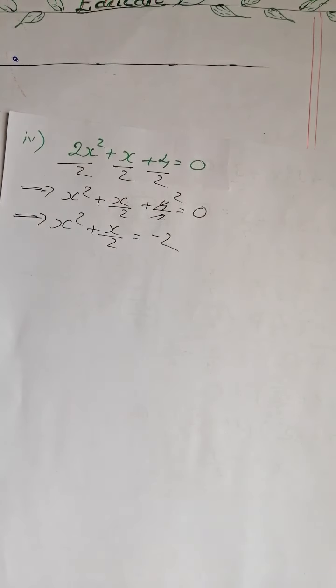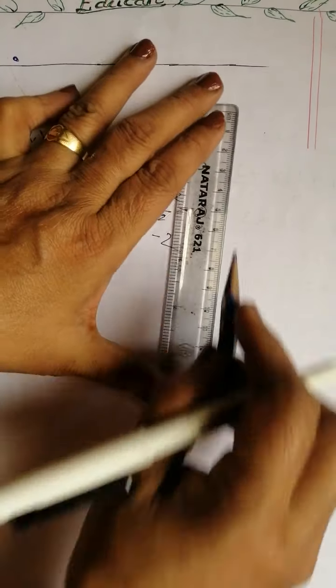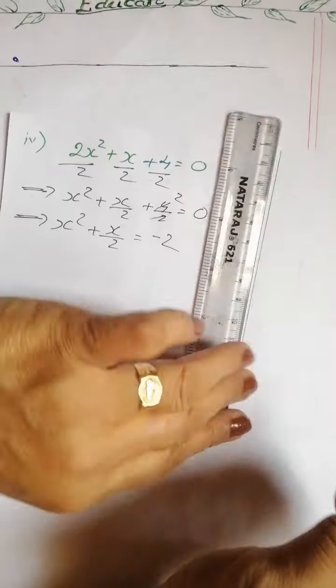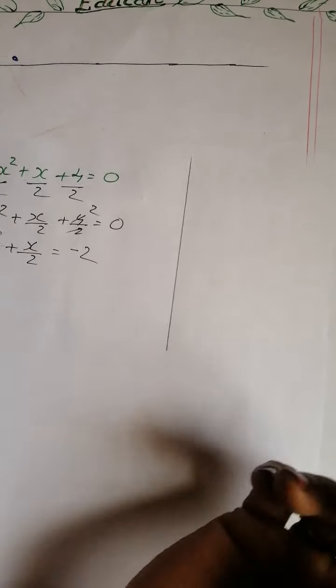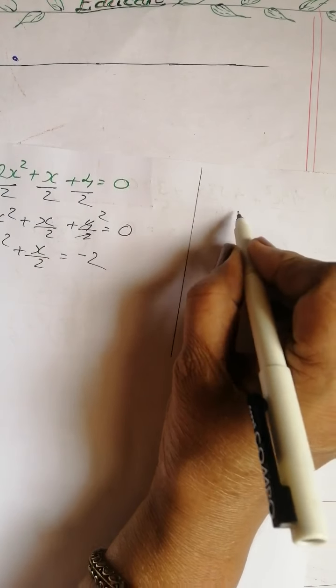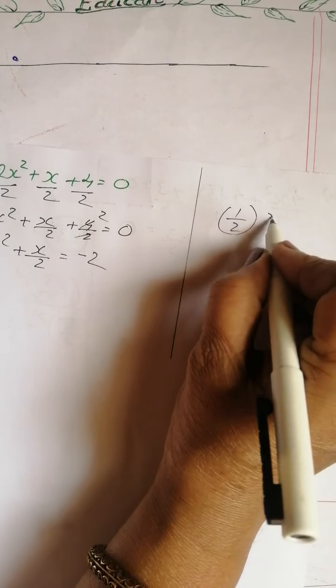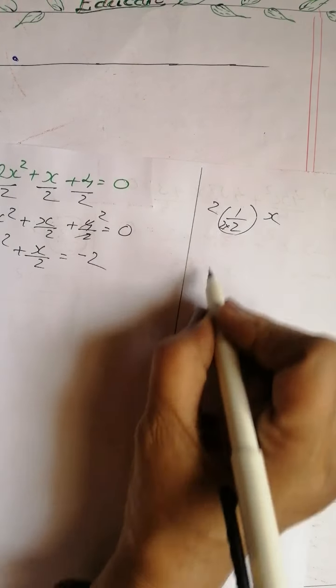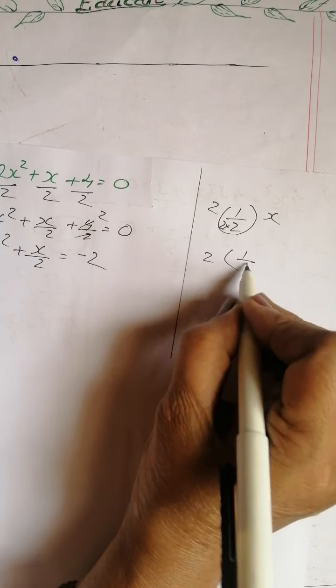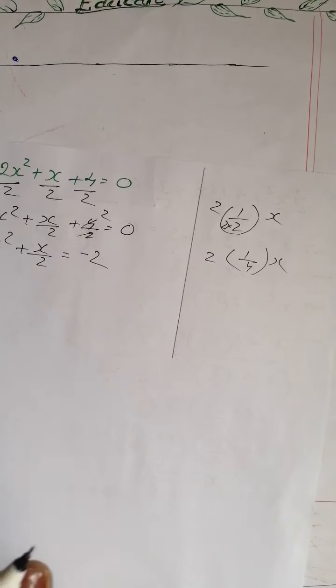Now take the b part. Whenever you are doing the rough work, do it neatly, because in board exam they will see your neatness also. Clarity is also there. Take the x part. Half is the x part. You have to multiply and divide both sides by 2. So the equation becomes 1 by 4 of x. Is it clear?